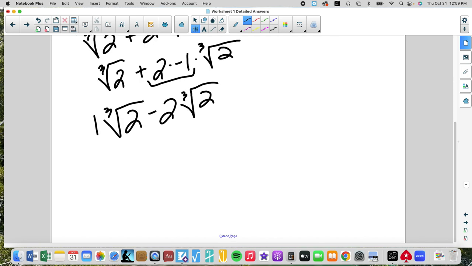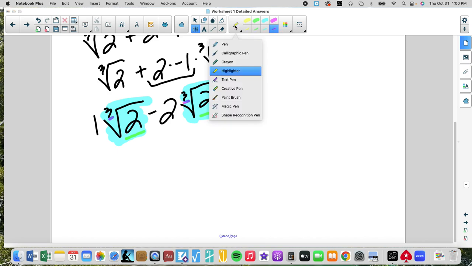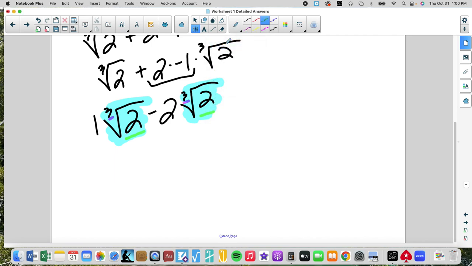Coefficient out here is 1. These are like radicals. Like radicals have the same radical inside and the same exponent, or same radical. So we're going to add their coefficients, which is 1 minus 2, which leaves me with negative cube root of 2. I wouldn't write -1, I would just write negative.